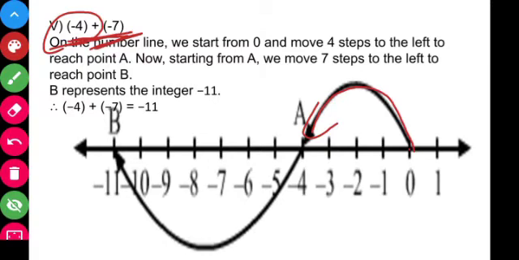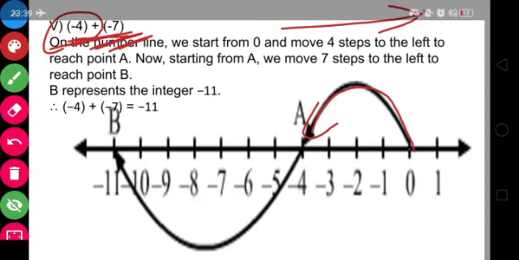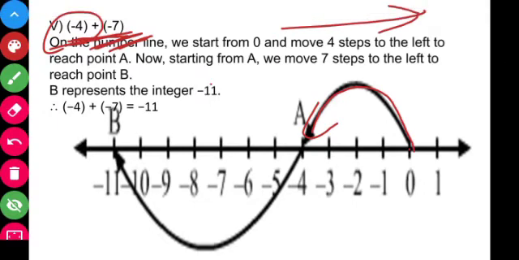When you add a negative integer, you have to move left side, and when you add a positive integer, you have to move right side. So here you have to move left side from minus 4.